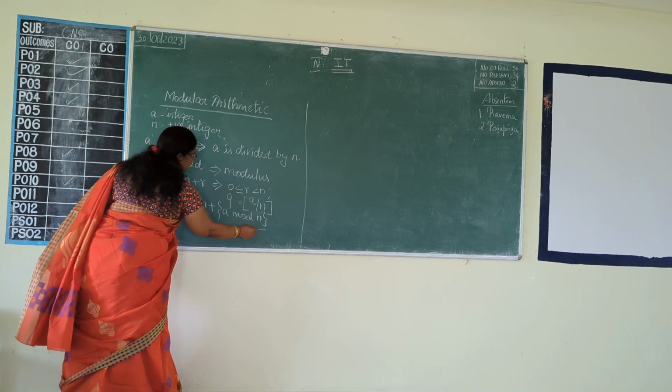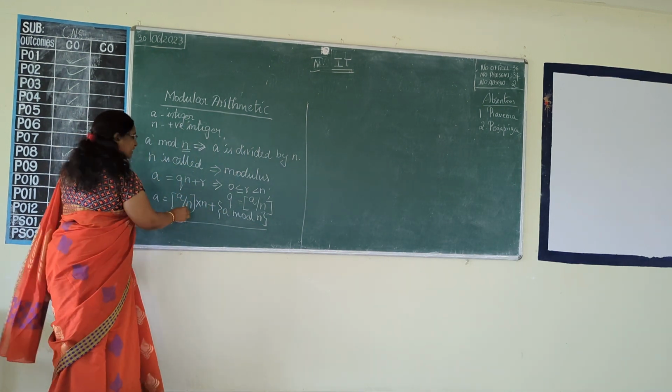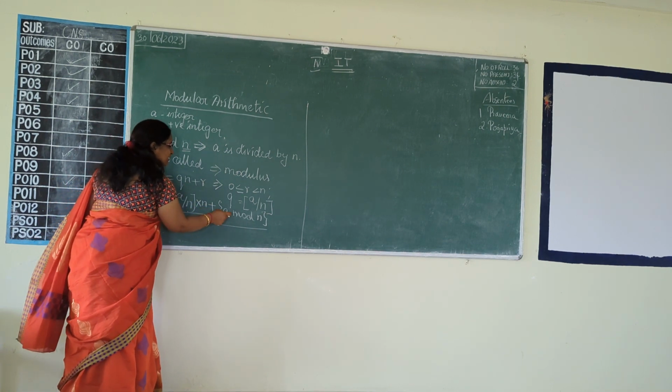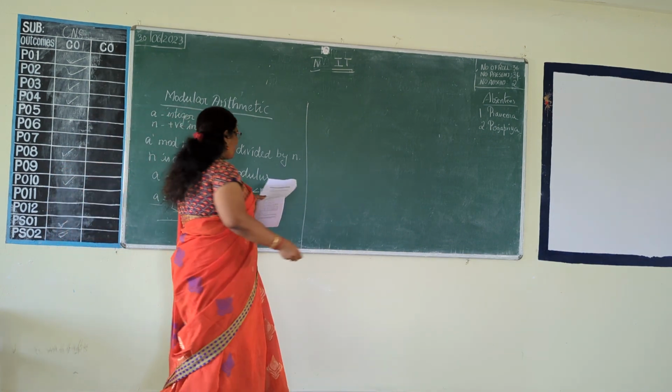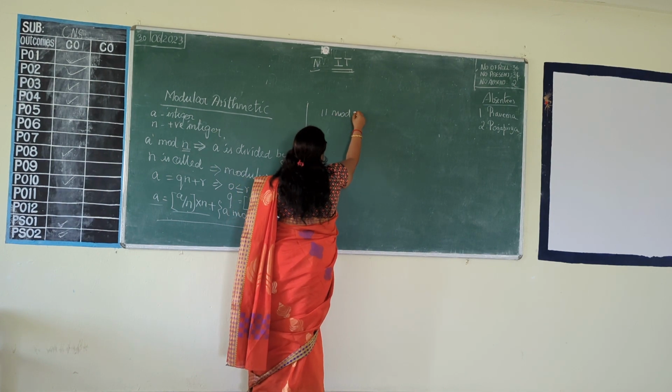I hope you understand this. A mod n is nothing but the remainder. Normally, in any division, your quotient times the number plus the remainder will be the actual number. Okay? So, example: 11 mod 7.